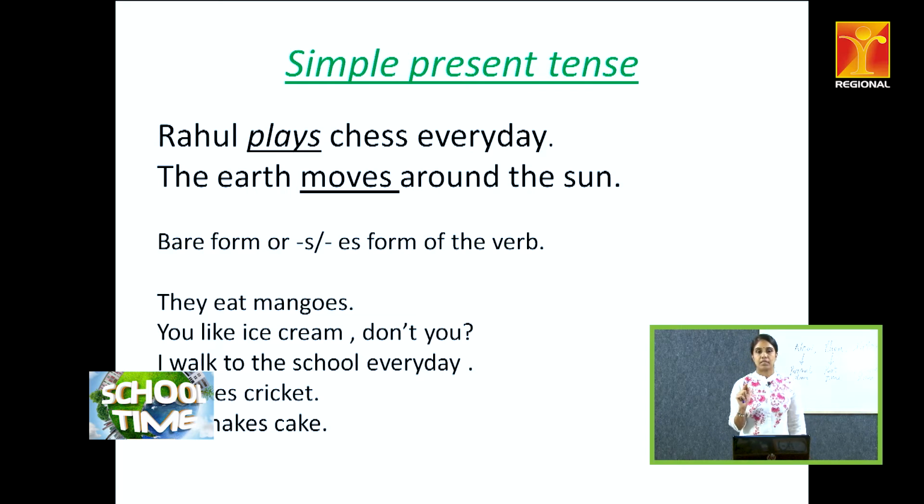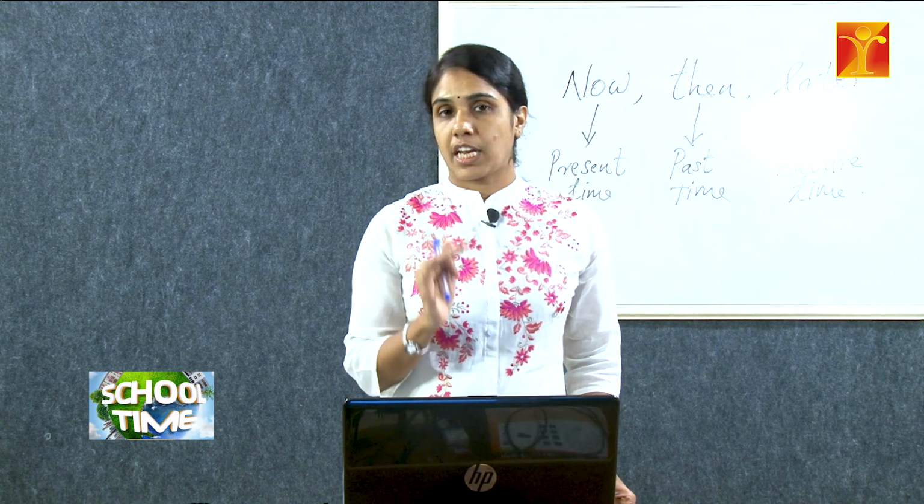And in the second one, the earth moves around the sun. This is a universal truth, like all that glitters is not gold, like the sun is shining. So we can use simple present tense to express universal truths, habits, and an existing state of affairs.